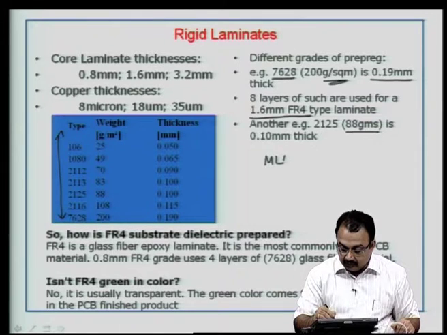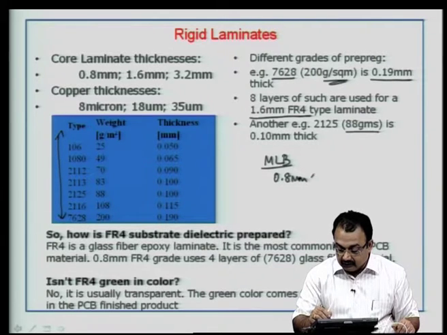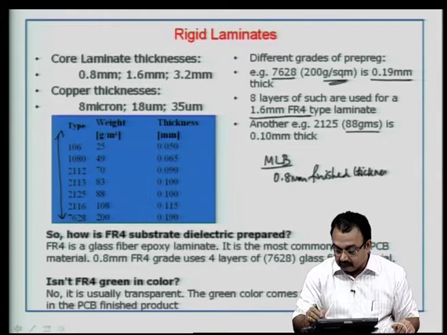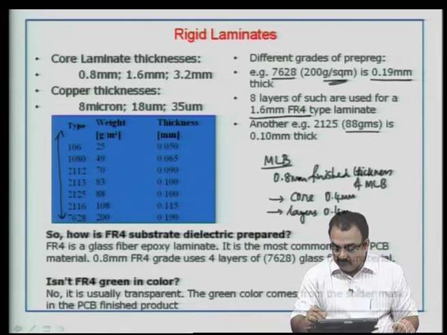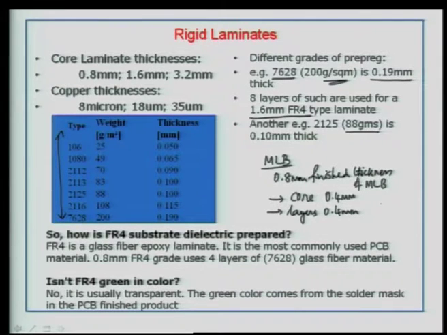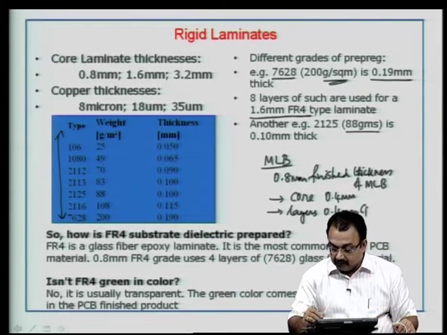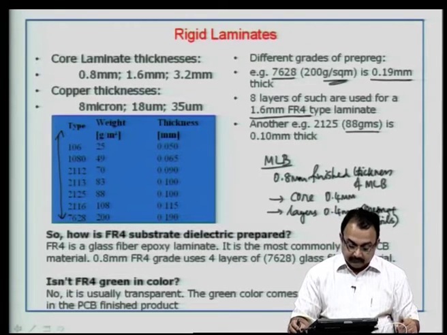If you have a multilayer board to be made and if you want to make a 0.8 mm finished thickness of your multilayer board, then you can start with a specific core which can be 0.4 mm and then the layers can be built for the remaining 0.4 mm by choosing various thicknesses of prepregs and copper foils. So, prepreg plus copper foil thickness knowledge is very important for a manufacturer.